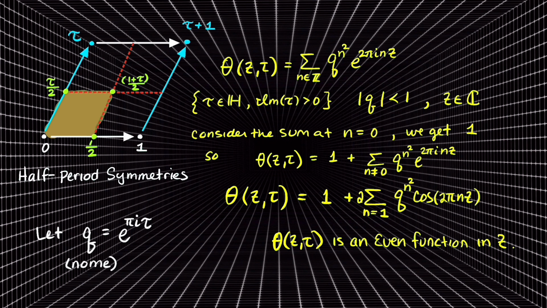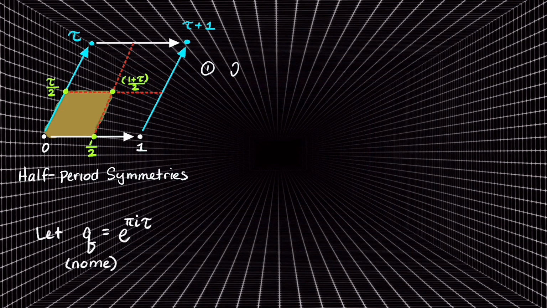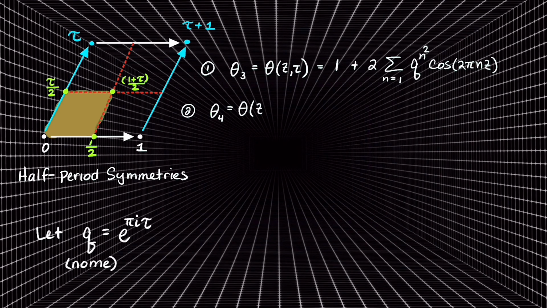So next we investigate what we can do with some of these other functions. We've got our mother function as an even function. And Jacobi decides to investigate the parity, or evenness or oddness symmetry, of each of these variations of the theta function.